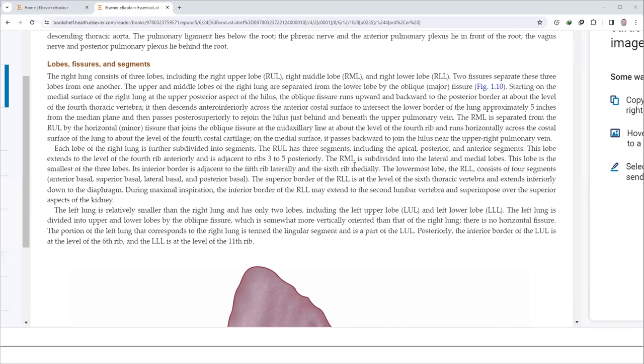The right middle lobe is subdivided into lateral and medial segments. This lobe is the smallest of the three lobes. Its inferior border is adjacent to the fifth rib laterally and the sixth rib medially.